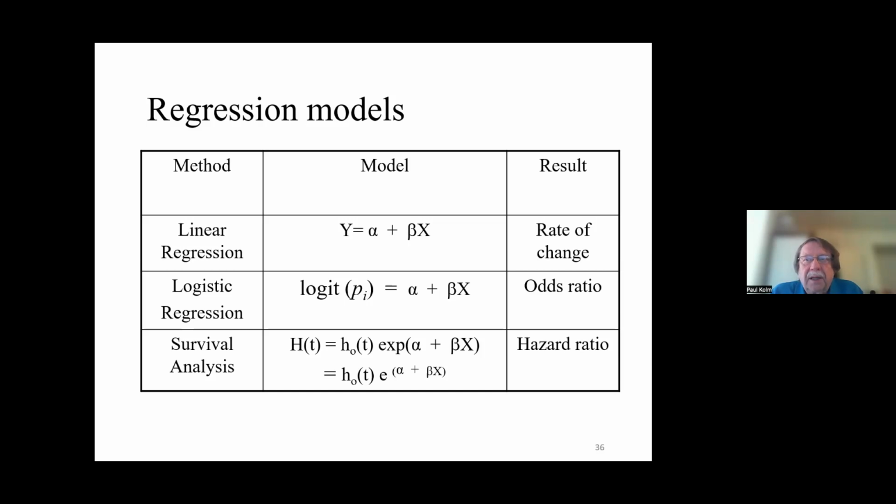That is the hazard, being related to the probability of surviving up to a certain time, divided by the hazard of another group or another value of a continuous predictor. That's kind of analogous to an odds ratio, but it has a different interpretation, where we're looking at hazard rates. So those are the primary regression models that we have looked at.